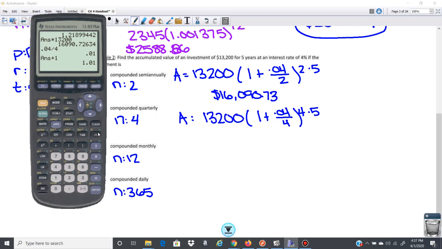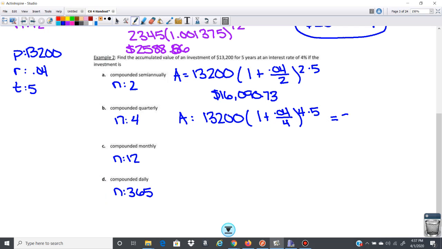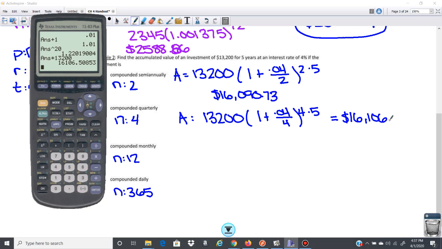Then we're going to raise it to the 4 times 5, which is 20. And then we're going to multiply by $13,200. And that's going to give us $16,106.51.